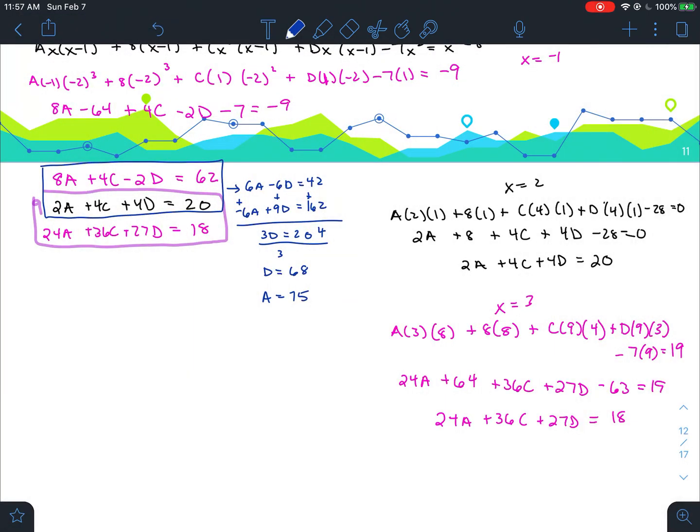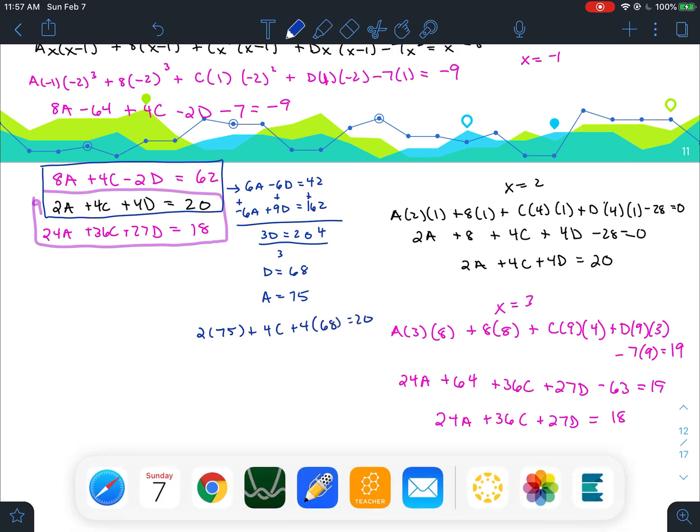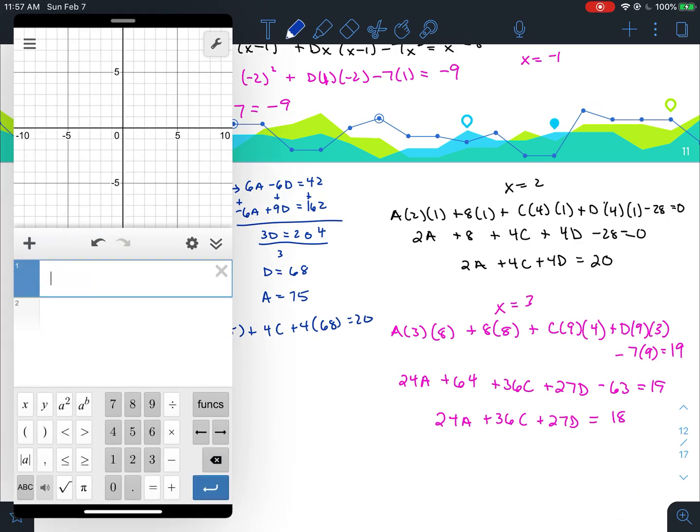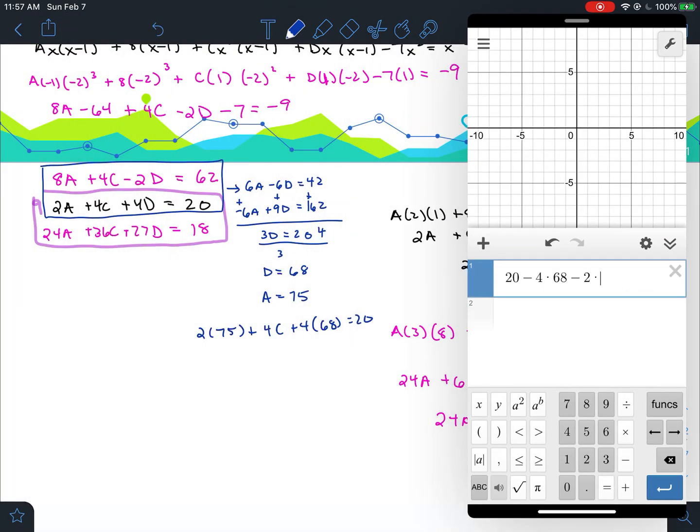And then to find my c, I could use a and d in that middle equation. So 2 times 75 plus 4 times c plus 4 times 68 is going to equal 20. So I'm going to do 20 minus 4 times 68, and then minus 2 times 75.